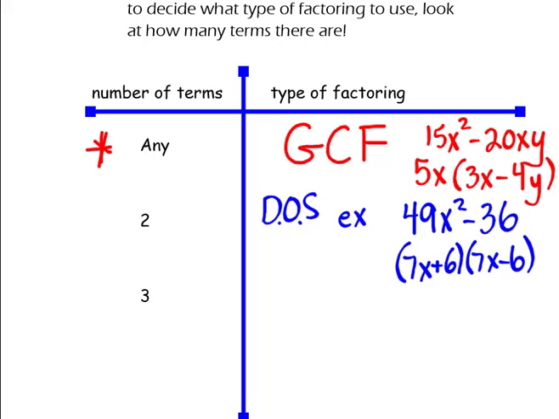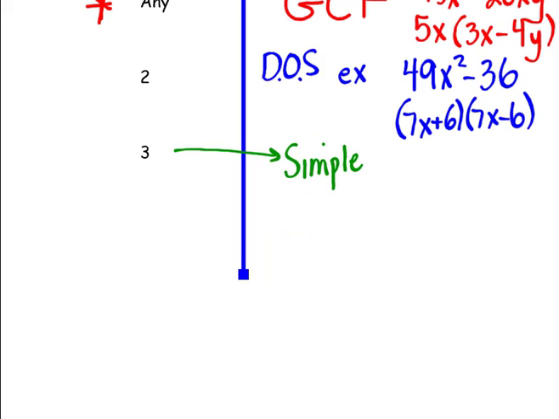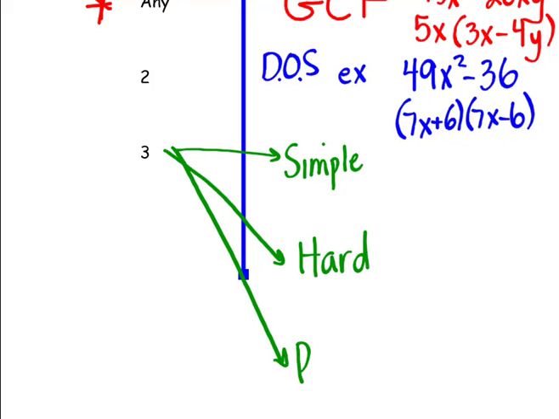If it's 3 terms and it's not greatest common factor, there's actually 3 different ones that it could be. So it's 3 terms. You're going to pick out the simple trinomial right away, because a simple trinomial is in this form that it doesn't have any number in front of the x squared.